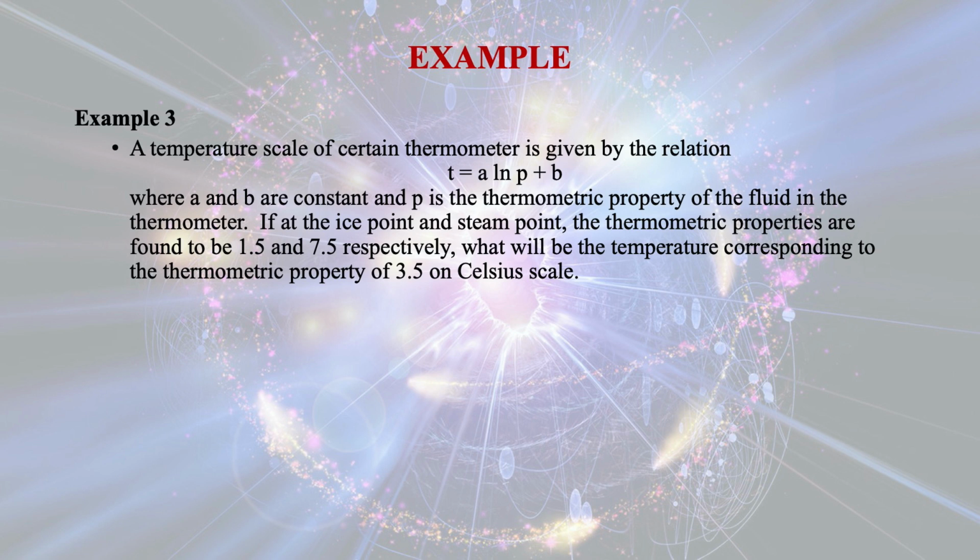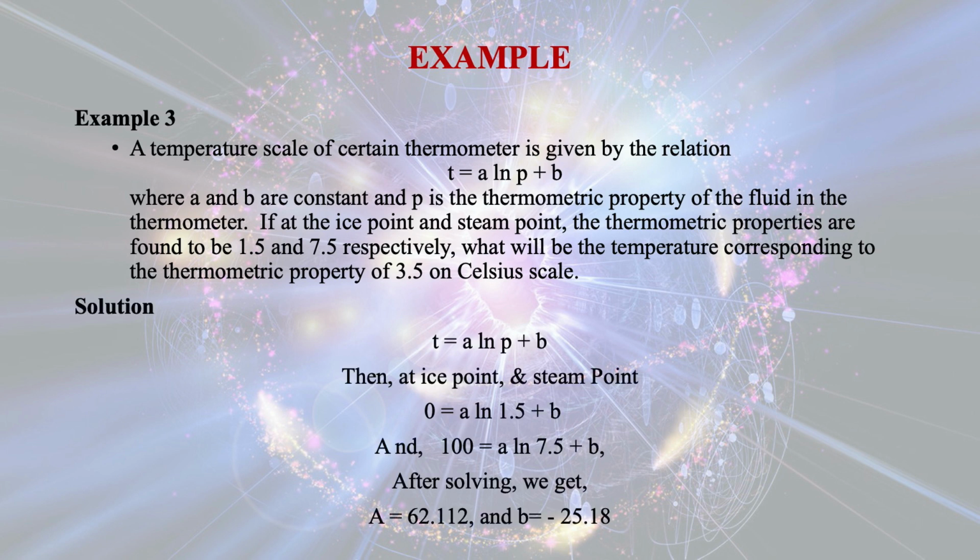So if you put the value of T as 0 or 100, we will get two equations, and with the help of two equations we can easily find out the constants A and B. After that, once you get the values of A and B, we can put them in and get an expression for T only in terms of the thermometric property P. Once you get the final expression for T in terms of P only, then you can get the value of T by putting P is equal to 3.5.